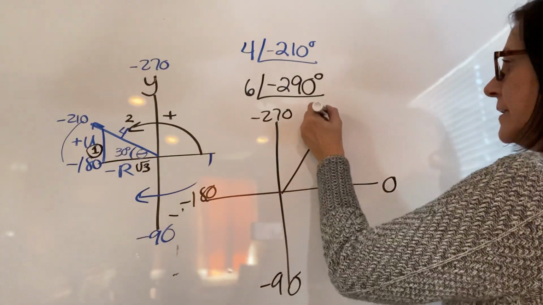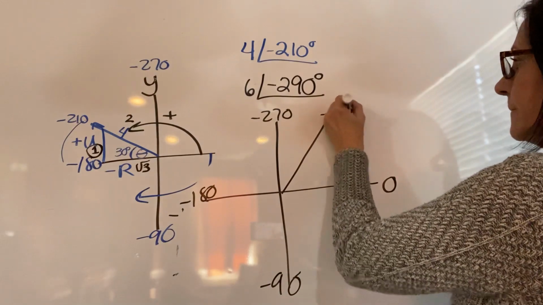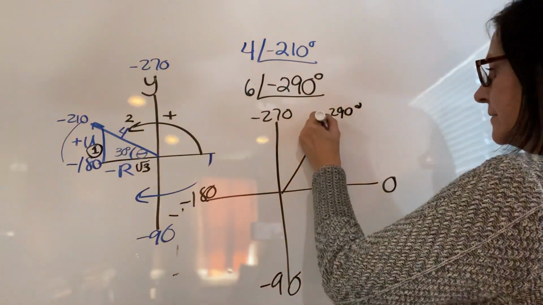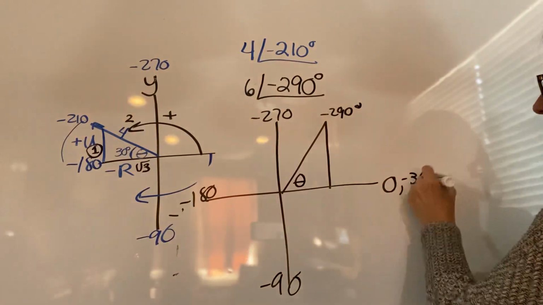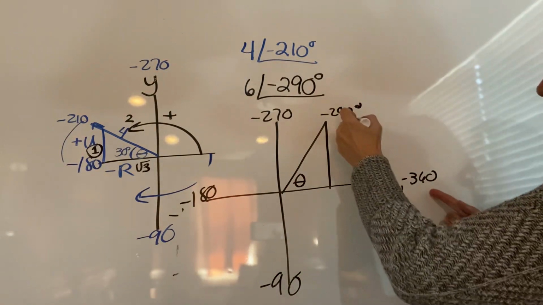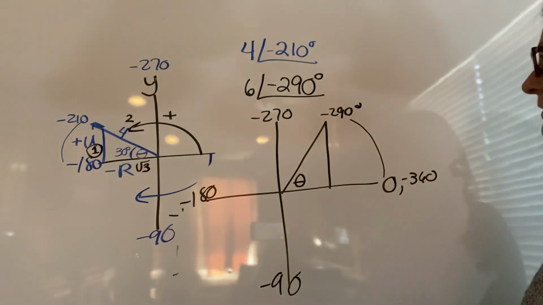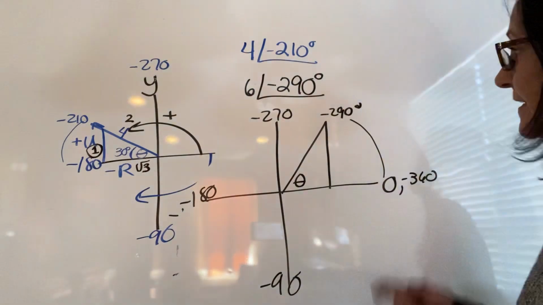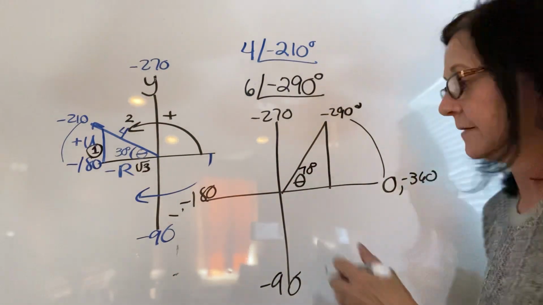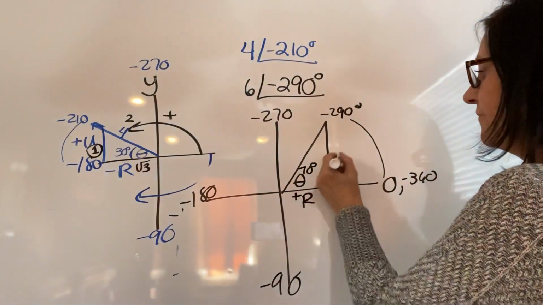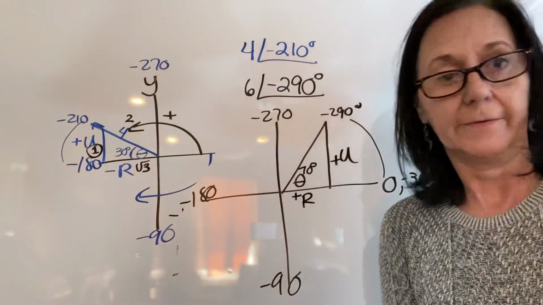So negative 290 is going to be here. But what is this angle? I look at the distance from 290 to 360, and that's 70 degrees. So this angle would be 70 degrees, right? My R is positive, my U is positive.